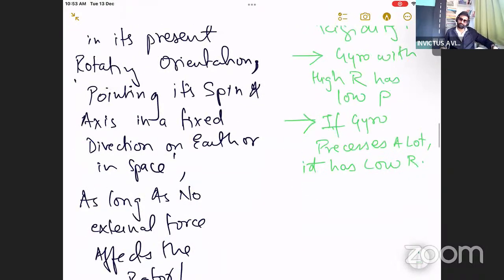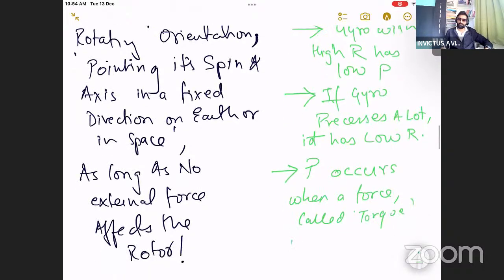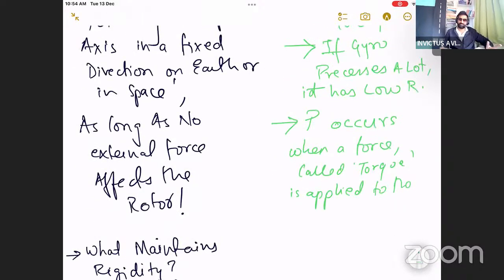Right, one more point. How does precession happen? Precession occurs, you can write capital P, when a force called torque is applied to the gyro spin axis. Read this point three times.